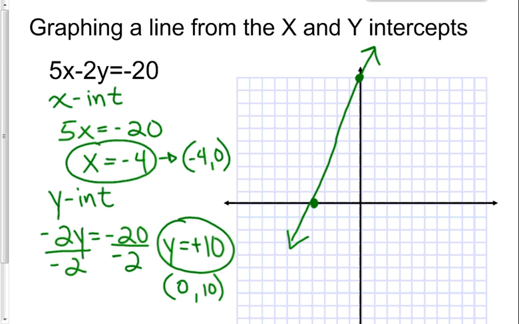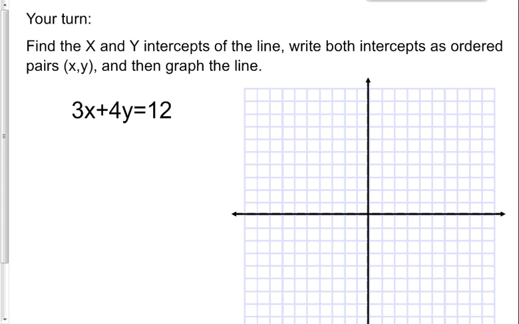So now you've seen how we find x and y intercepts and how we use them to graph a line. I want you to try one. For this equation, I want you to find both the x and y intercepts like we did with the previous example, and write them as ordered pairs, x comma y. So you should have 2 ordered pairs, one for the x-intercept, one for the y-intercept.